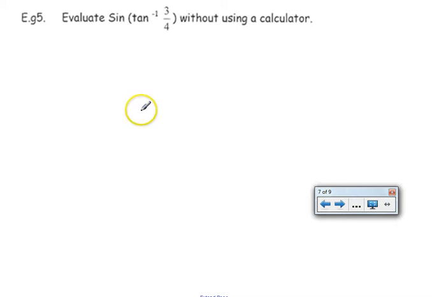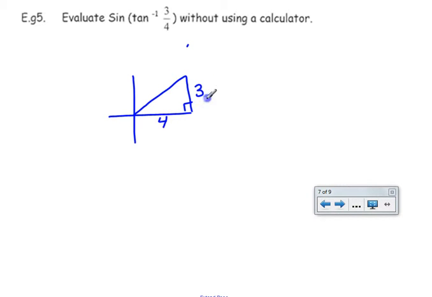So, draw yourself a little triangle. If you took the arctan and got 3/4, that means the tangent of this triangle is set up in a way where its ratio would be 3/4. So tan, opposite over adjacent. We know the hypotenuse is a 5.